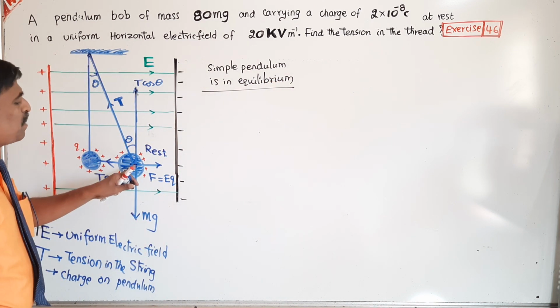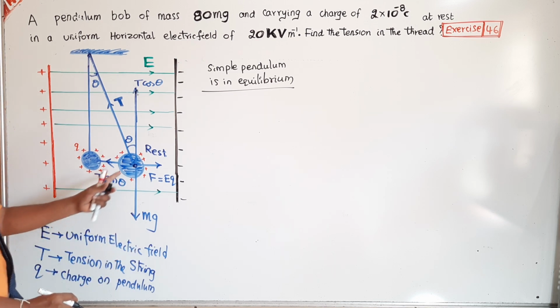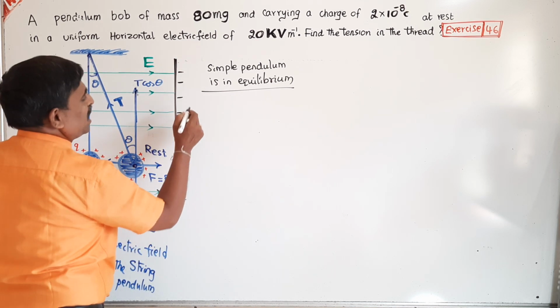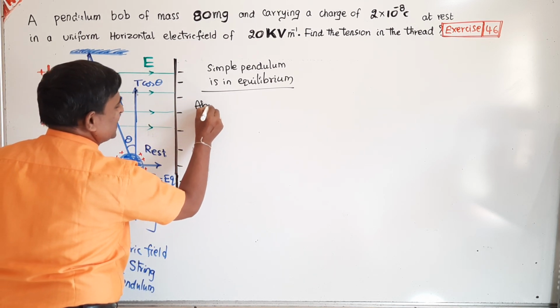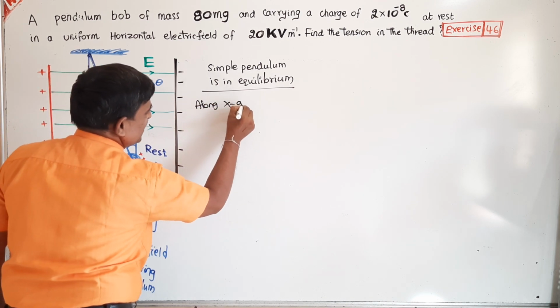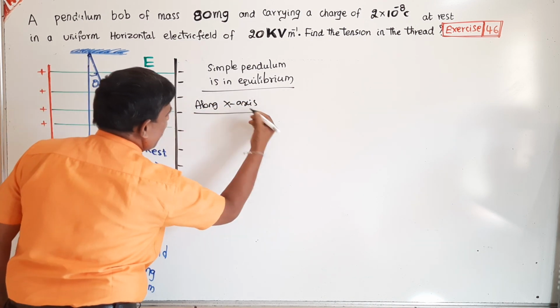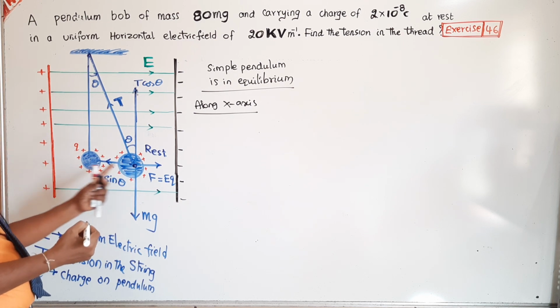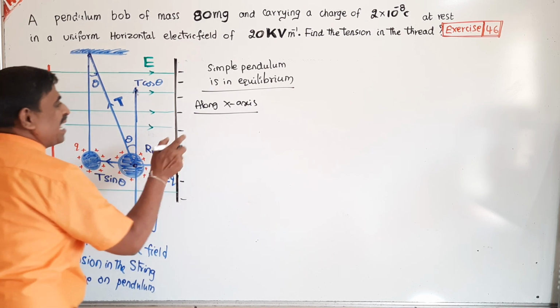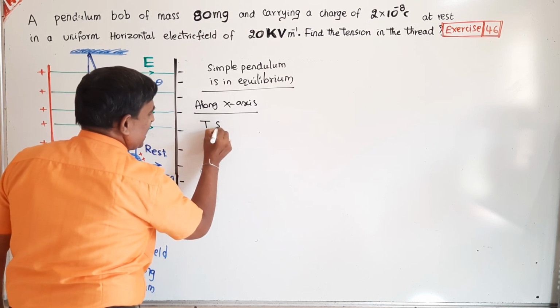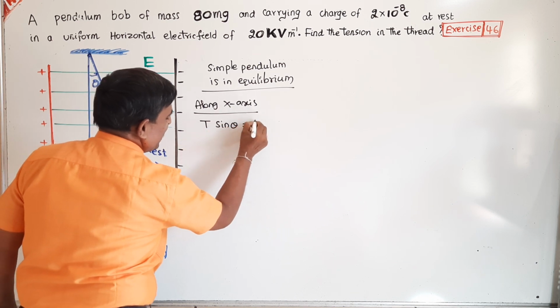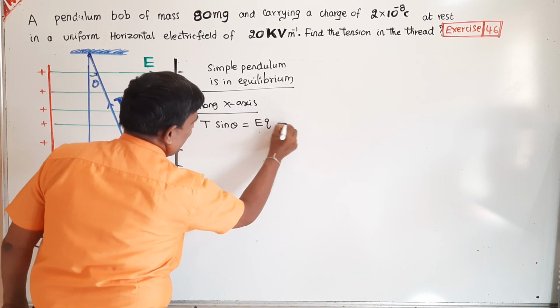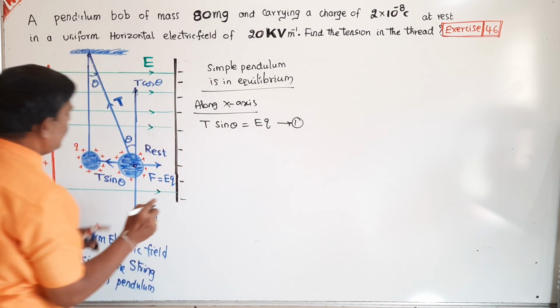Resultant force on this simple pendulum is 0. Left side force is equal to right side force along the x-axis. T sin theta is equal to EQ. This is equation number 1.